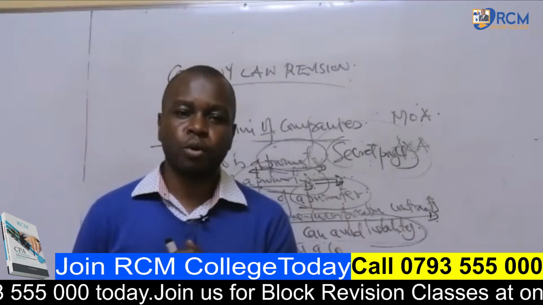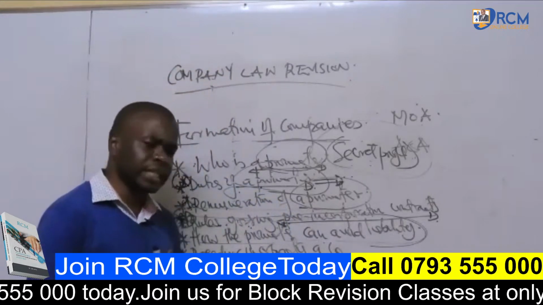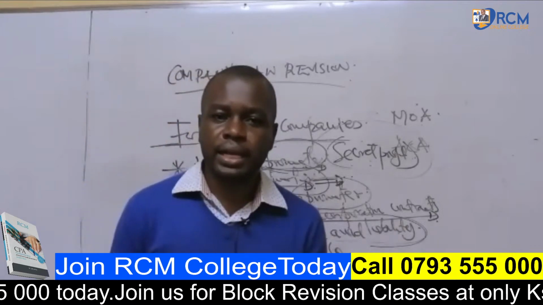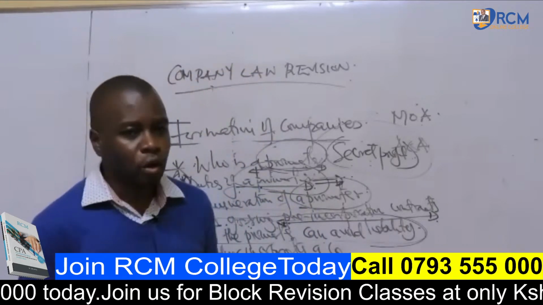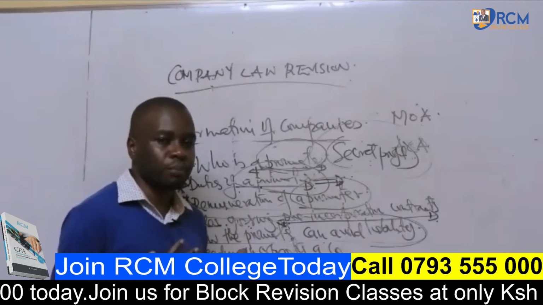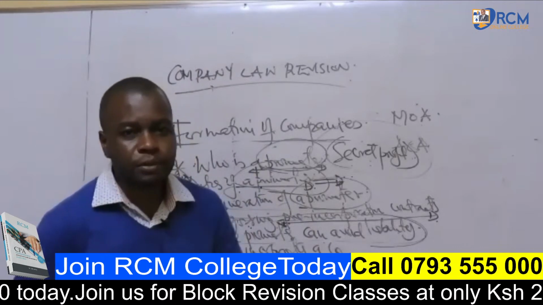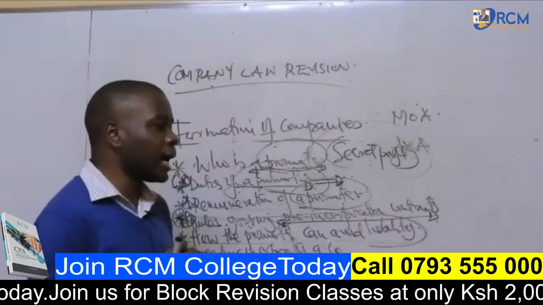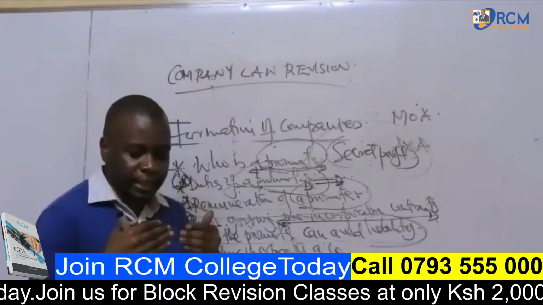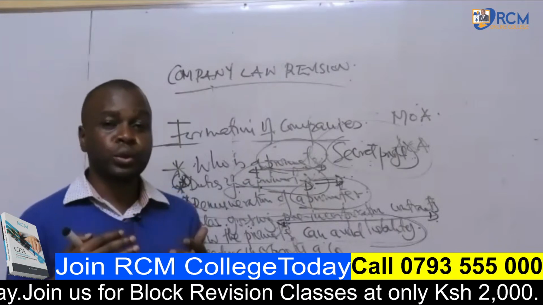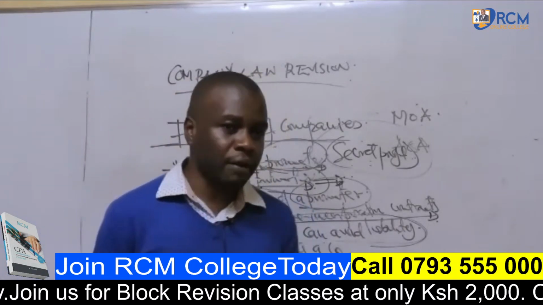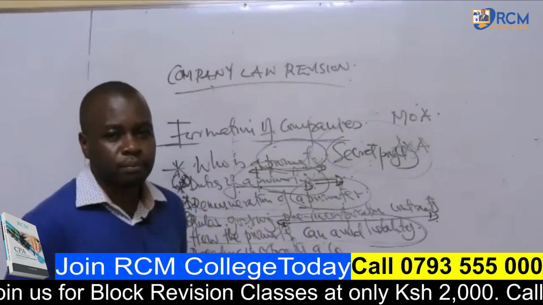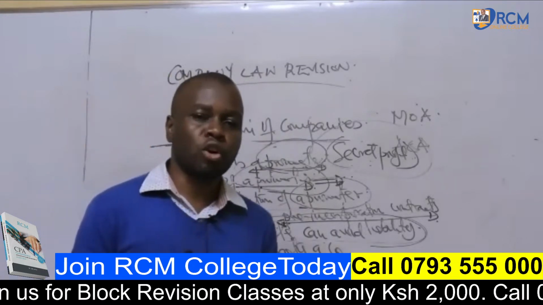Number four, what he can do is simply inform a third party that in case the company does not ratify or approve the contract after formation, he shouldn't be blamed for any loss or liability. What he does in this case is inform the third party: we are entering into this particular contract, but know that if the company backs out after formation or after incorporation, you will not blame me. You know that this is a pre-incorporation contract.